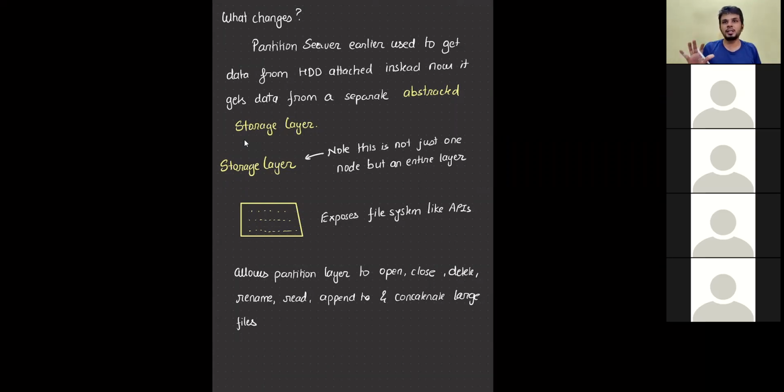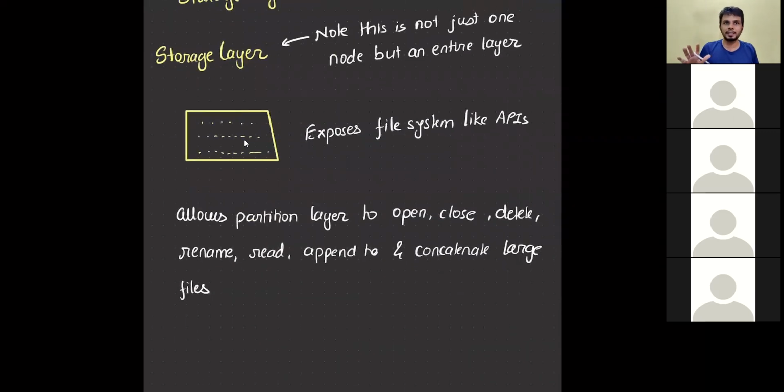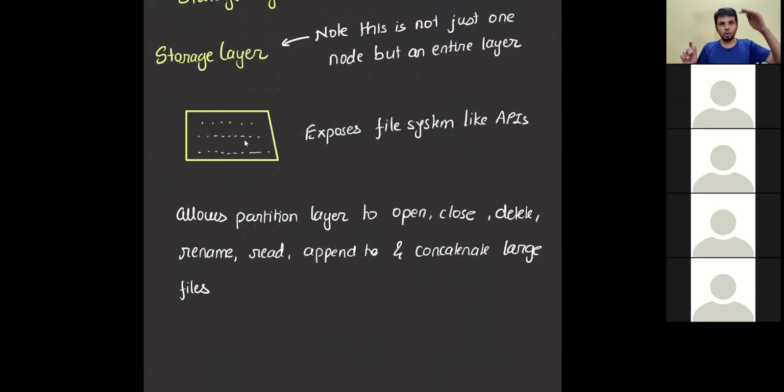So this storage is nothing but it exposes file system like APIs. Your partition server, which is a very lightweight server, would talk to this storage over the network with very simple file system like APIs, like open, read, append, update, the file system calls. It allows the partition layer to open, close, delete, rename, read, append, and concatenate large files.